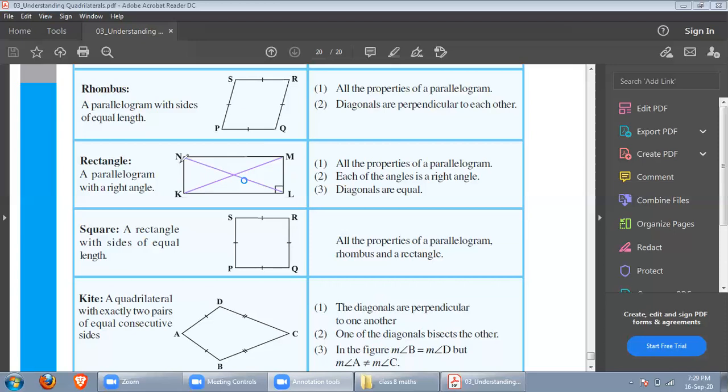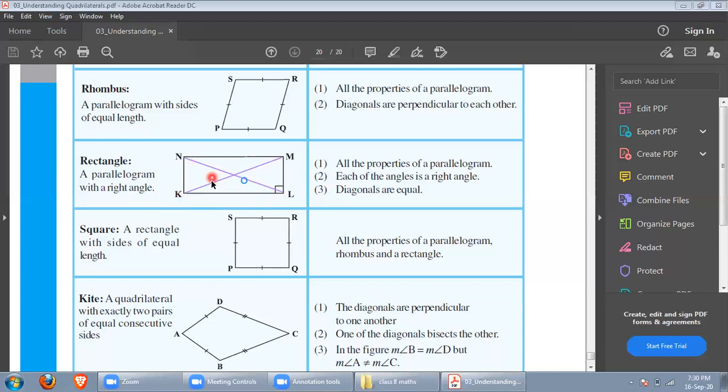You look at these two triangles, triangle NKL and the other triangle, MLK. Look at these two triangles.